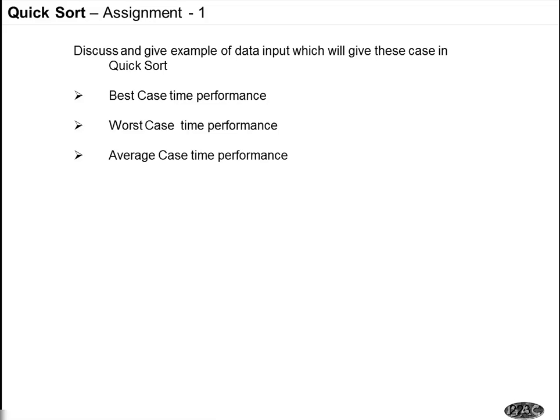What kind of a data input with some expected large data set will give worst case time performance, and what kind of a data size or pattern will give an average case time performance using quick sort. So all of these three, best case, worst case and average case, I would suggest that you strongly understand and do this.